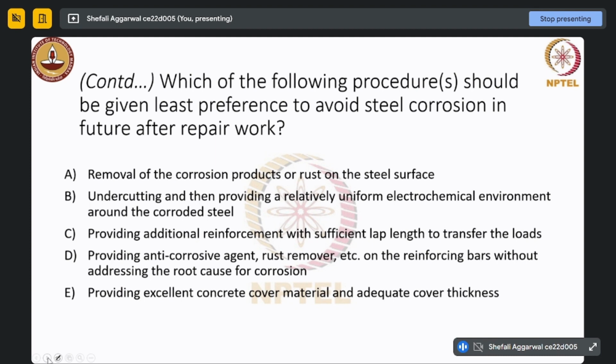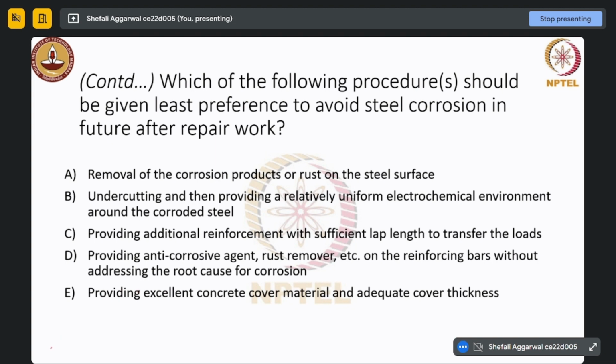Removal of the corrosion product or rust on the steel surface, undercutting and then providing a relatively uniform electrochemical environment; providing additional reinforcement with sufficient lap length to transfer the load; providing anti-corrosive agent or rust removal on the reinforcing bar; or providing excellent concrete cover material and adequate cover thickness. The least preference is Option D, ma'am, providing anti-corrosive agents, rust removers, etc. on reinforced bars without addressing the root cause of corrosion.